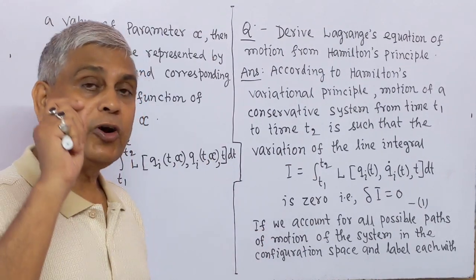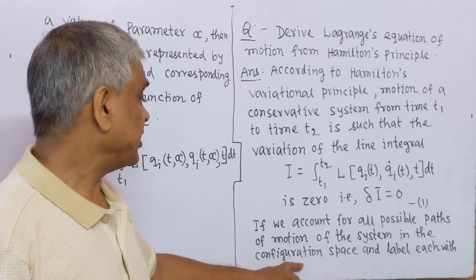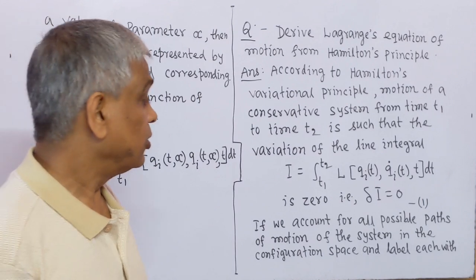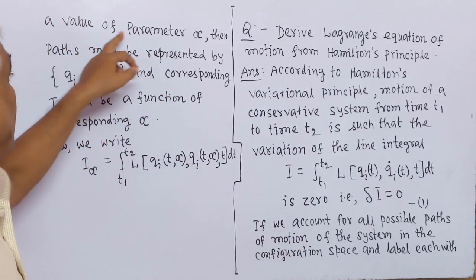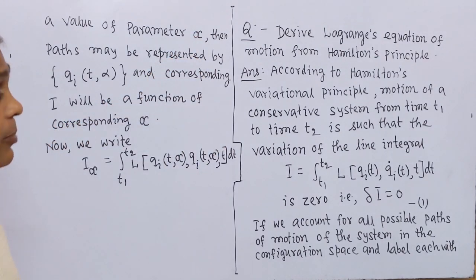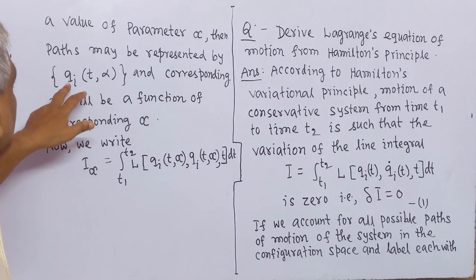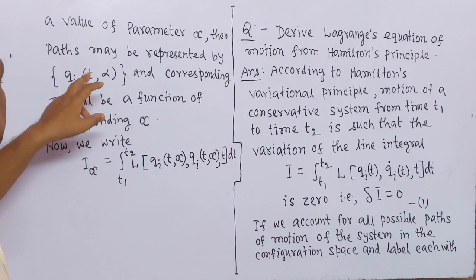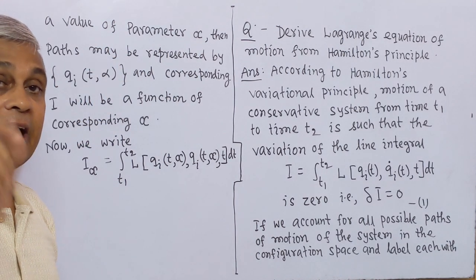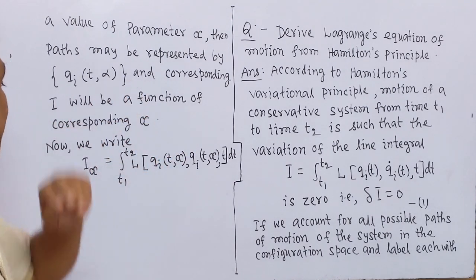If we account for all possible paths of motion of the system in the configuration space and label each with a value of parameter alpha, then the paths may be represented by the set of all qi as functions of t and alpha, and the corresponding integral I will be a function of alpha.